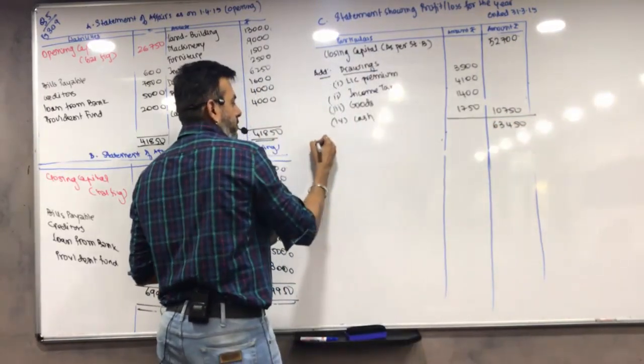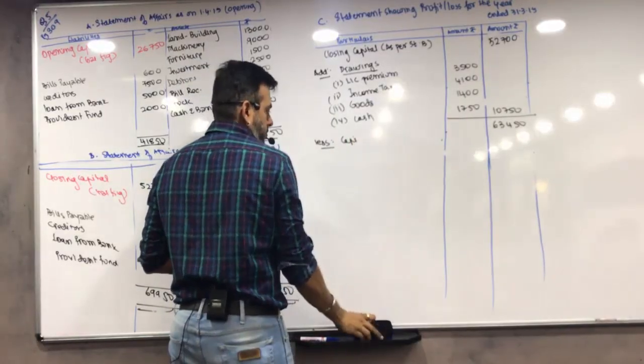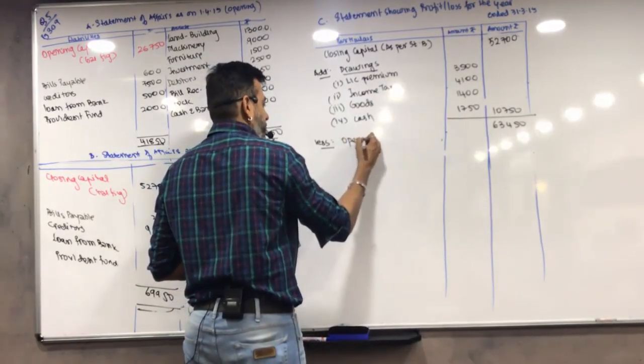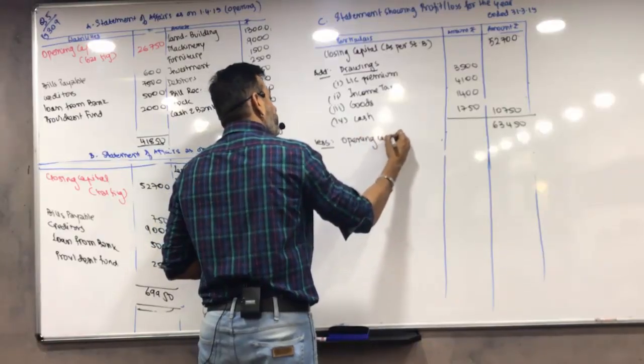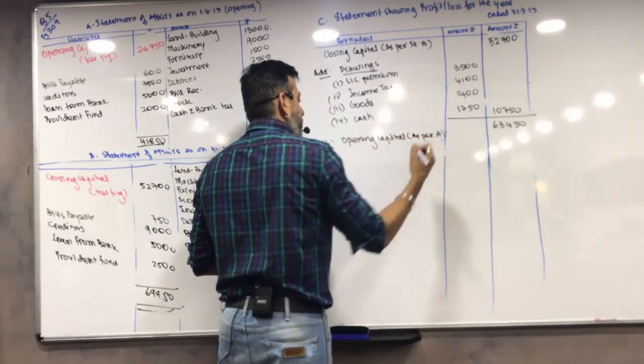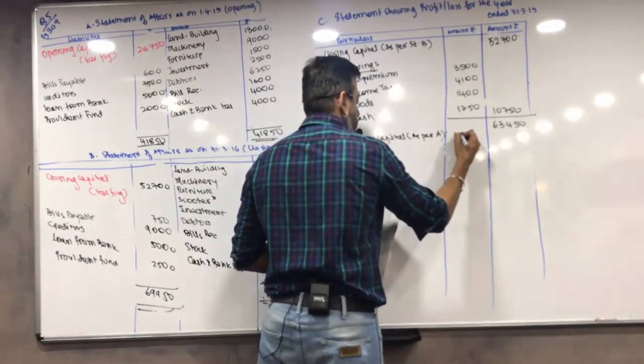Do the totals. 63,450. Less capital. Opening capital as per A. Opening capital is 26750.